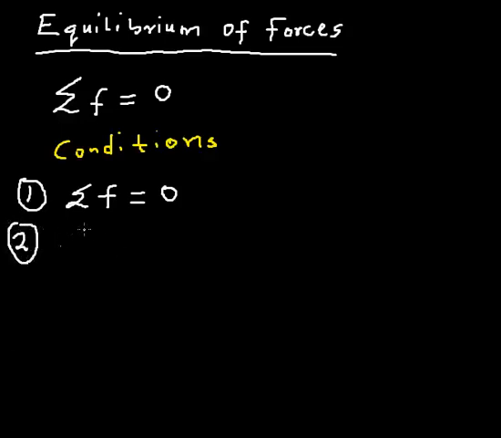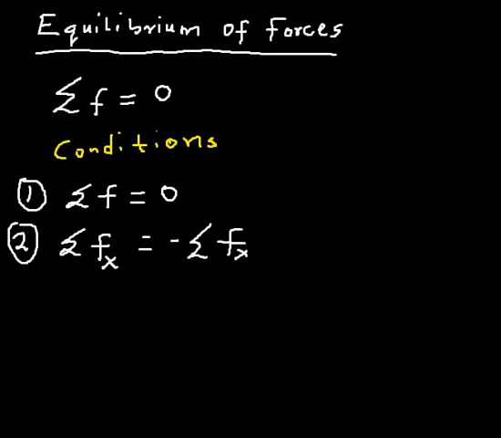the algebraic sum of the forces acting in one direction, let's say in the x direction, is equal to the algebraic sum of the forces acting in the opposite direction, let's say the opposite x direction.